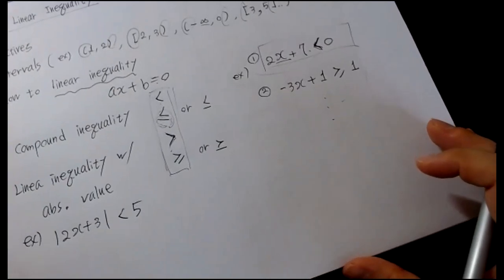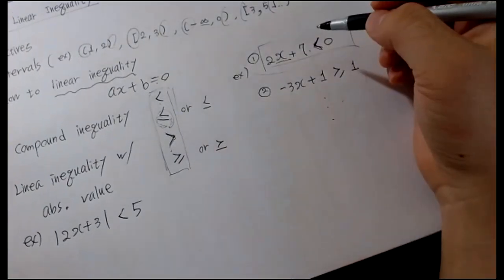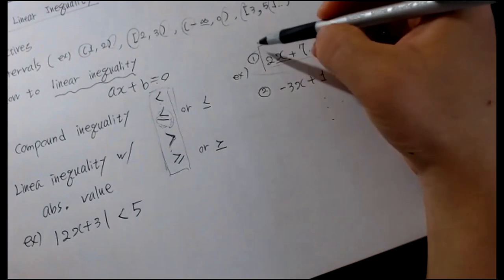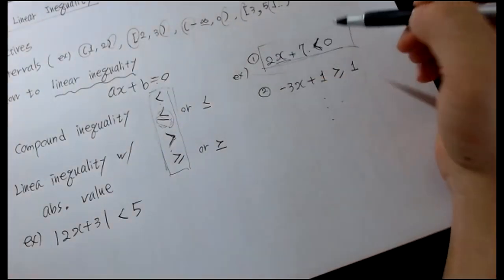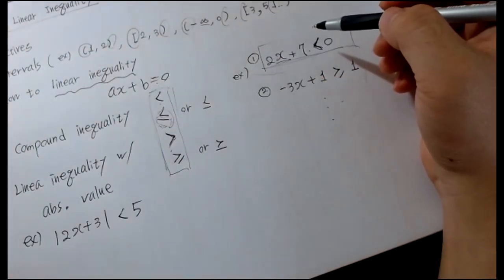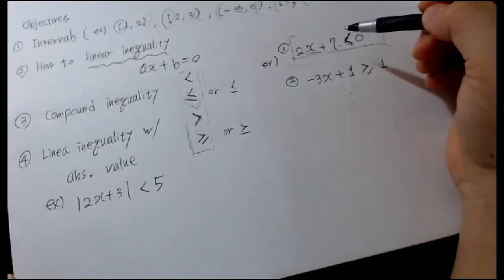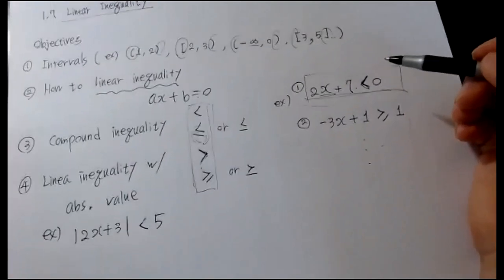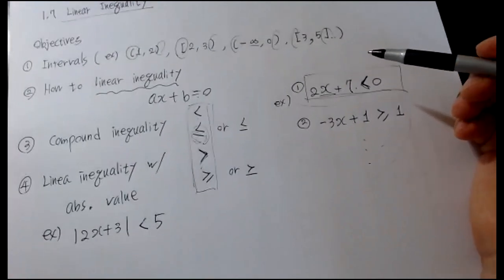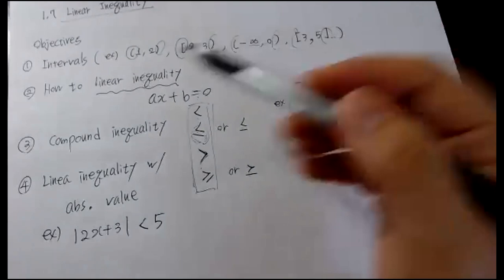So to do that, we solve the inequality like what we did in linear equations. It means that we need to isolate x. But you may wonder, I thought we had to study interval notation first, right?